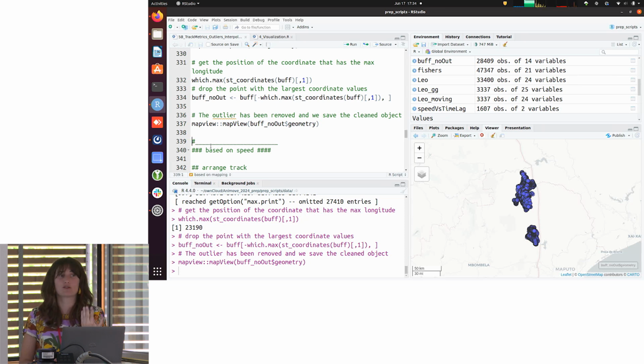But 0, 0 is a location on Earth, especially if you use spherical coordinates. So you have to be very careful and look at what your devices do, because if you work in that area and have 0, 0 as your missing coordinates, you might get into a headache trying to figure out what the outliers are.